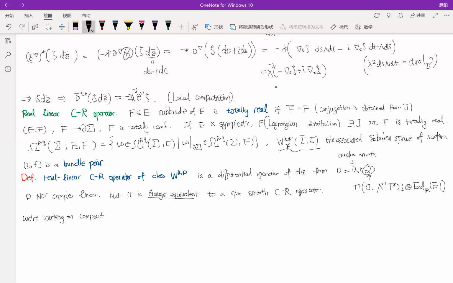But here we are working on a compact Riemann surface, so any volume form will have finite area. Then we can associate W^{k,p} as the completion.